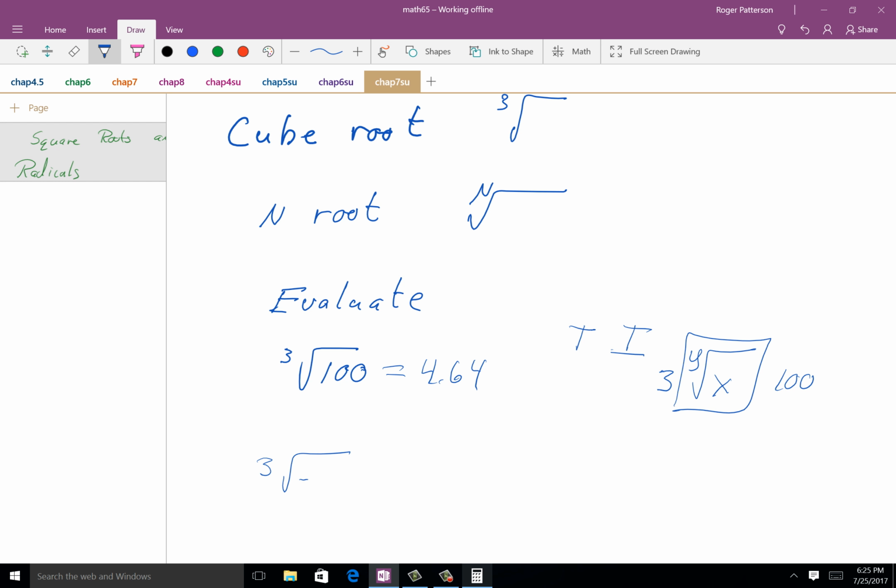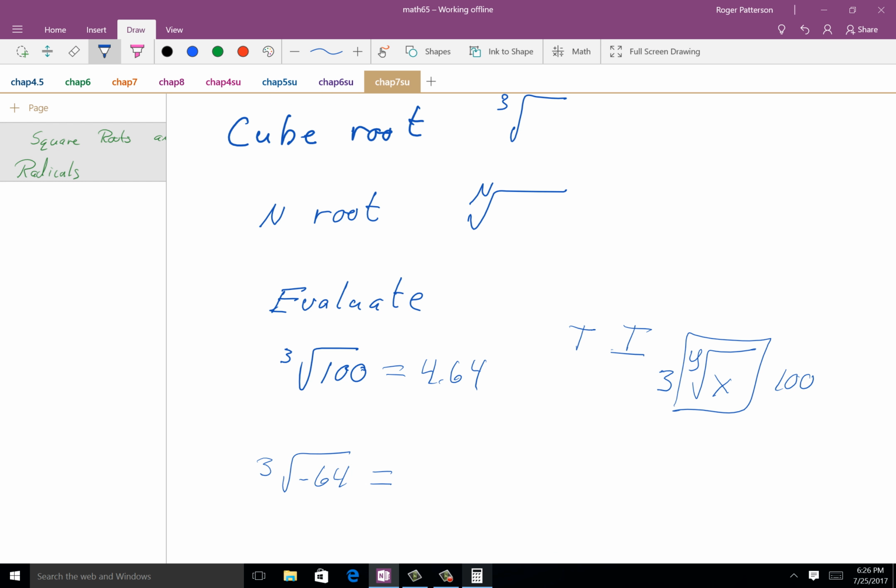So if we go negative 64, we can actually do that. If I go cube root, it works, okay?